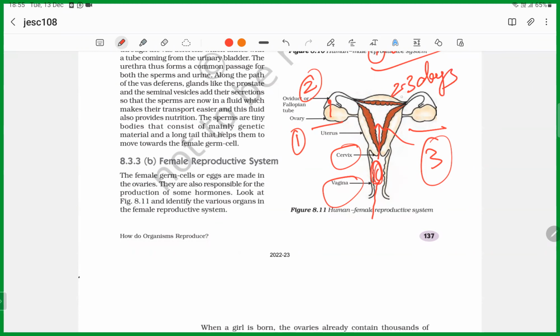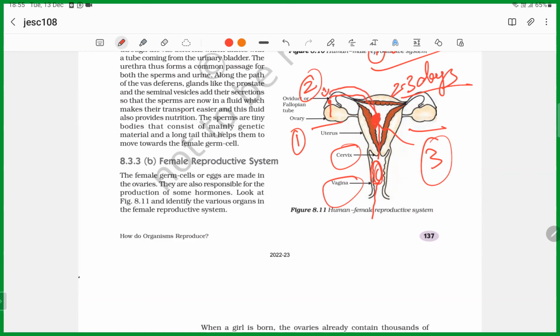For what? Capacitation process. So after capacitation, the sperm cell recognizes the egg cell, and then fertilization is achieved in the fallopian tube. After fertilization, the zygote develops into an embryo, and in 1 week, the embryo, called the blastocyst stage, attaches to the endometrium and grows.